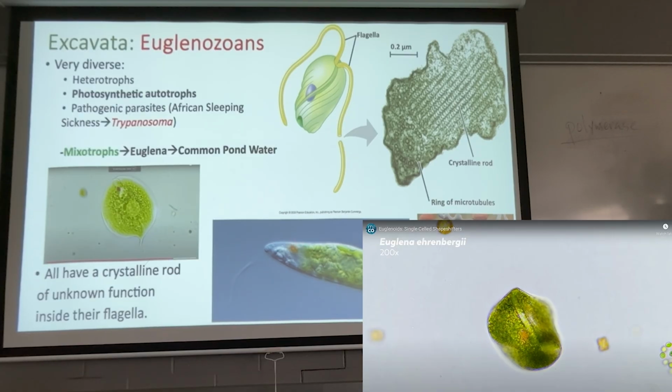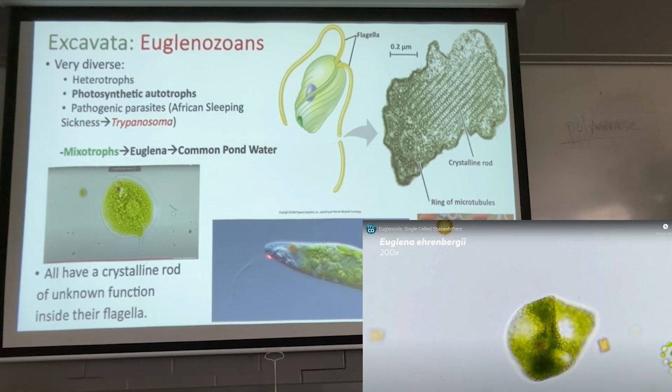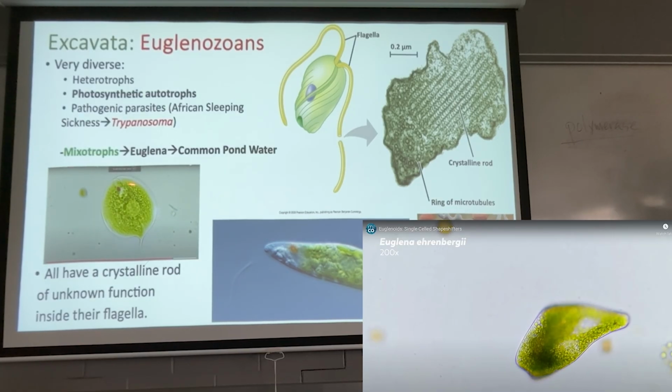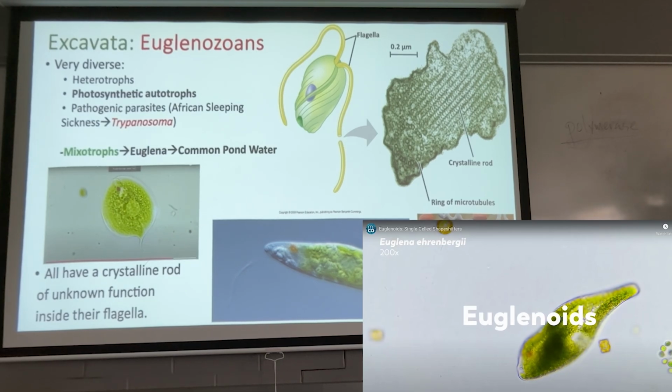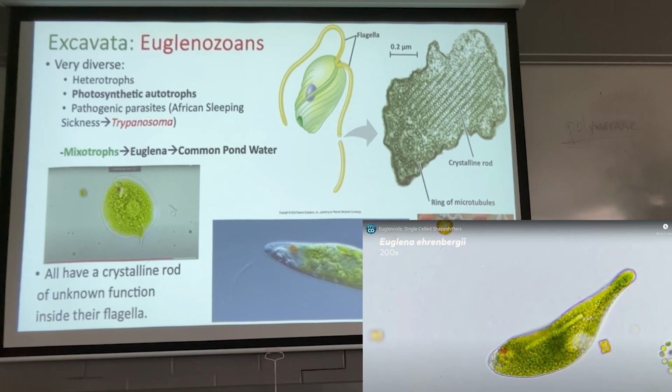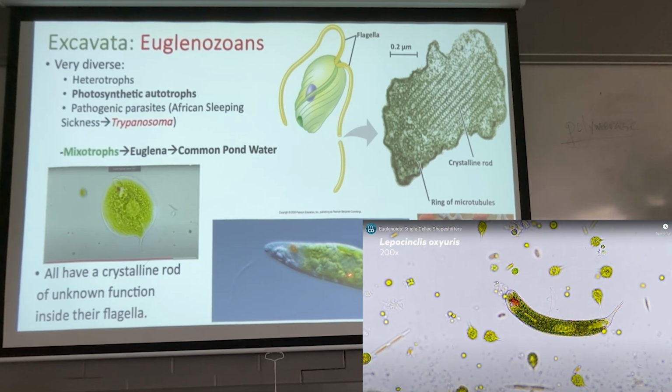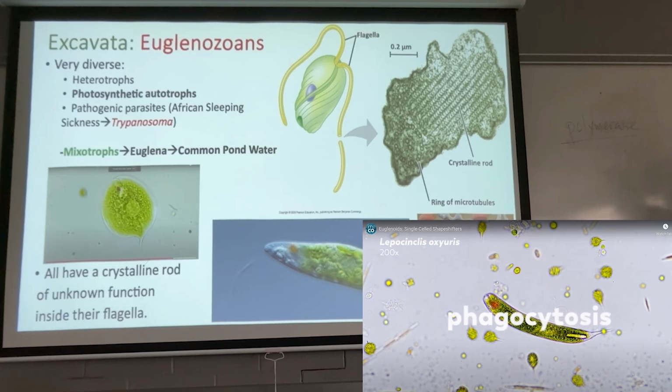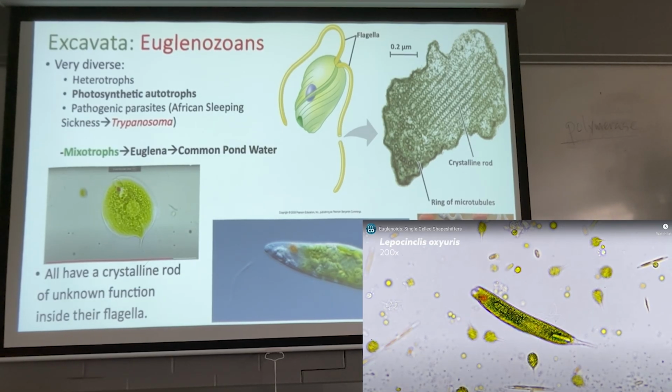Here's a still image of Euglena, and I think this is also a species of Euglena. They are heterotrophs. They can go around and eat stuff, no problem. But they also have chloroplasts, so they can make their own sugars. So when there is no sunlight, they eat. They're heterotrophs. When there is lots of sunlight, they are photoautotrophs. So they can do both, which, man, what a great adaptation, right? To be able to do both.